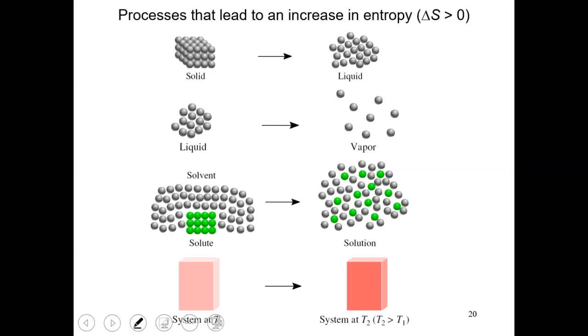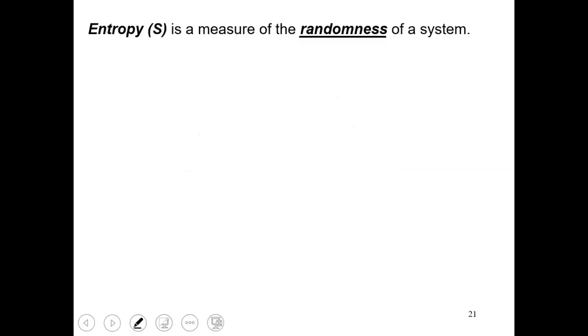For example, the diffusion of a gas. The gas spreads out because if it spreads out, it achieves a greater number of states, and it's a purely statistical process. So one way of thinking about entropy is as a measure of the randomness of a system. How randomly are the particles and energies of a system distributed?